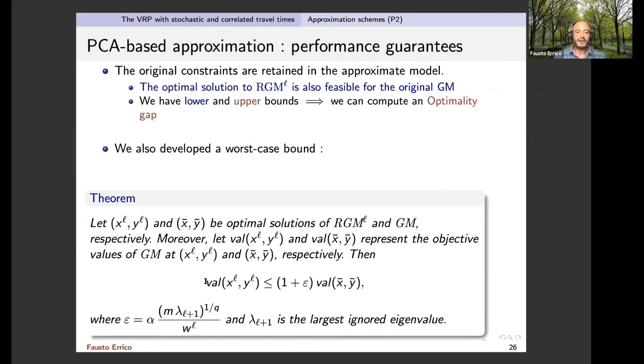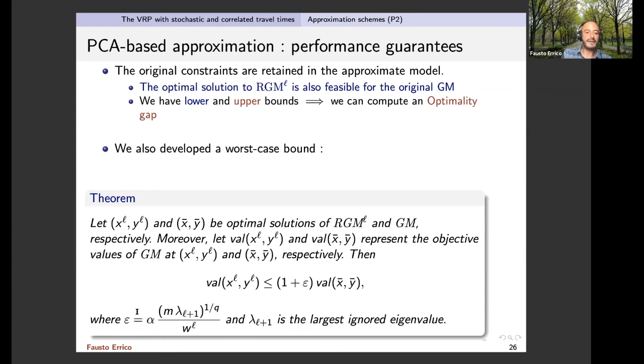We also developed some worst case bound. What this worst case bound is saying is that if you obtain a solution from the approximate model, and plug it in the original objective function, its value, val(X_L), is guaranteed to be within a certain epsilon of the optimal solution.